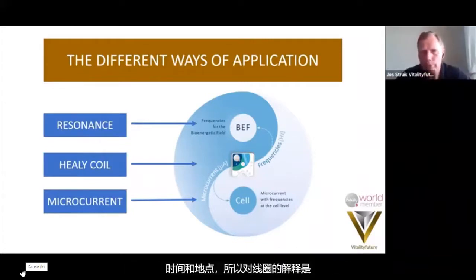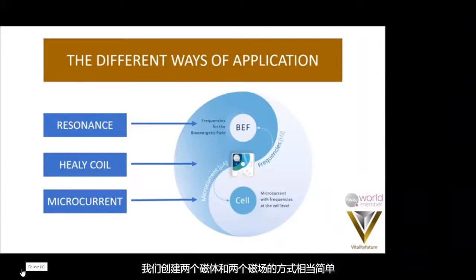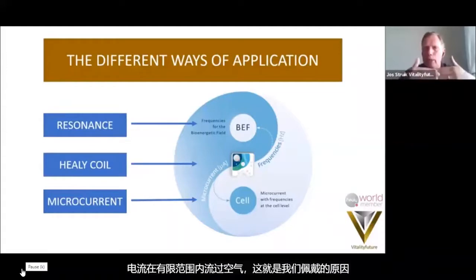So the explanation of the coil is rather simple in a way: we create two magnets, two magnetic fields. Those two fields can create a current, and that current is a current with a limited range going through the air.